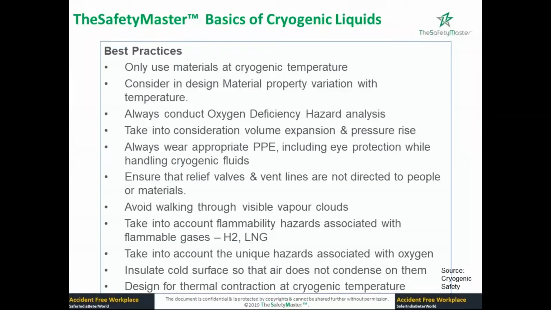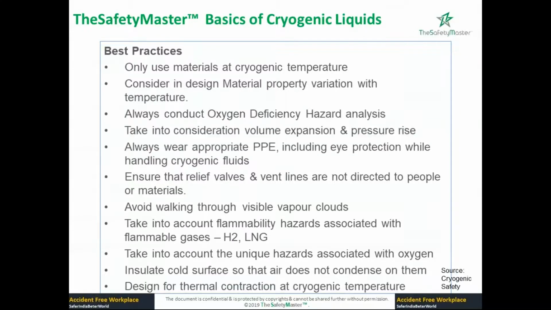It means materials like stainless steel, copper, or alloys which can be used for low temperature applications. You can't use rubber, plastic, carbon steel, or cast iron. Specific cryogenic low temperature materials have to be used.